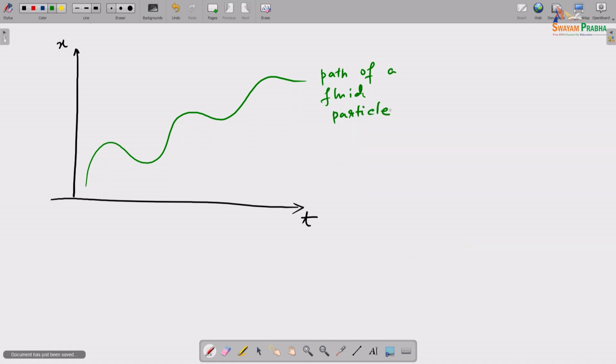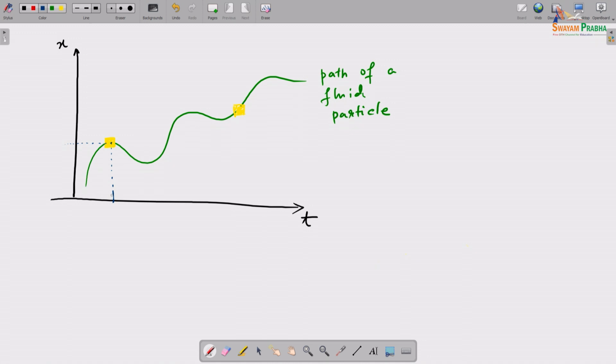particle. Now, let us take that particle, and at a certain location the particle is here, and at another location the particle is here.